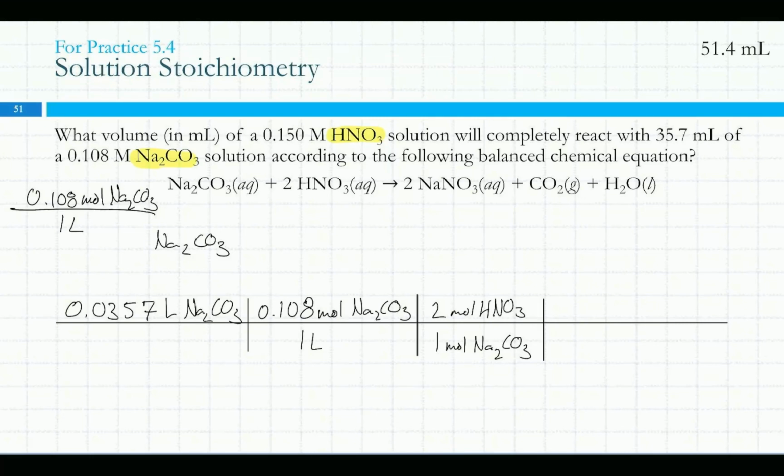Now I need to find the volume of nitric acid. So how do I go from moles to liters? Molarity, because molarity is moles per liter. Since we're starting with moles, that means my 0.150 moles goes on the bottom, 1 liter on top.